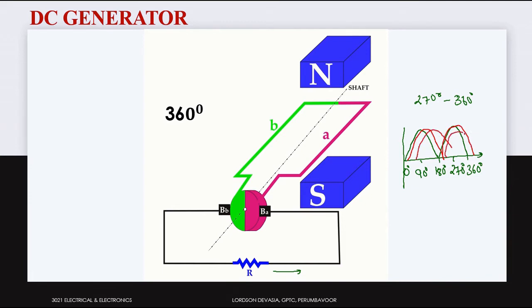So there are a larger number of coils, so that we are getting a DC voltage. And please do remember that in case of a DC generator, we are using the split rings, so that we are getting a direct current waveform.